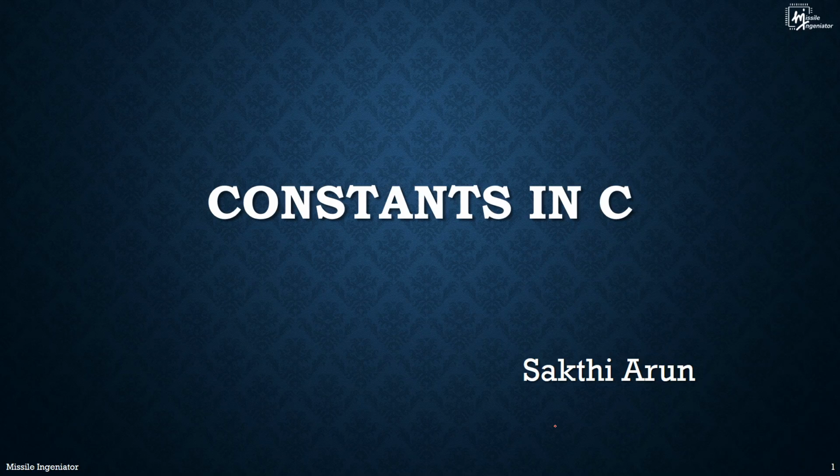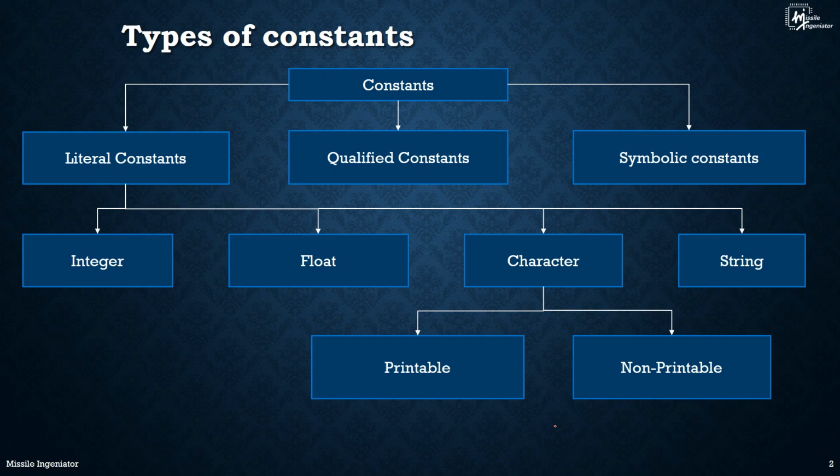There are various types of constants in C. The three types are literal constants, qualified constants, and symbolic constants.